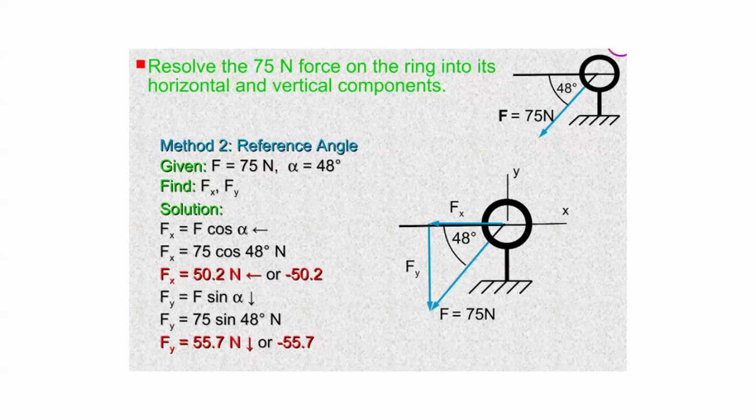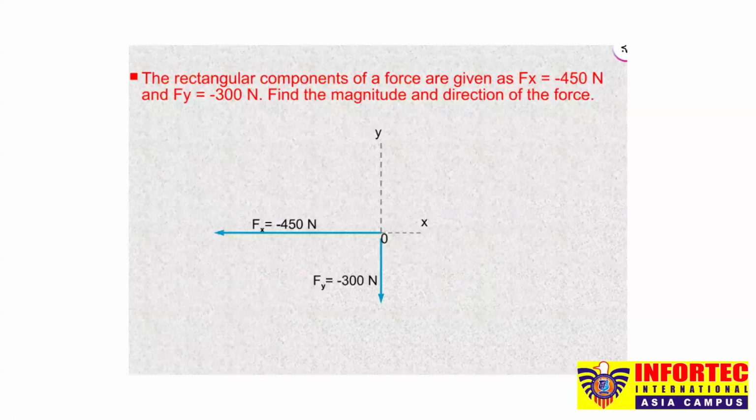Okay. Then the other example is different from that, right? You can see the rectangular components of force are given as Fx minus value and Fy also minus value, right? Because the direction is opposite. Find the magnitude and direction of the force, right? Here we have two components.